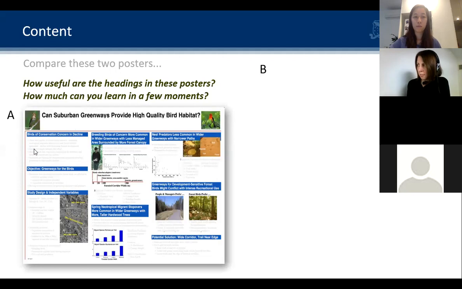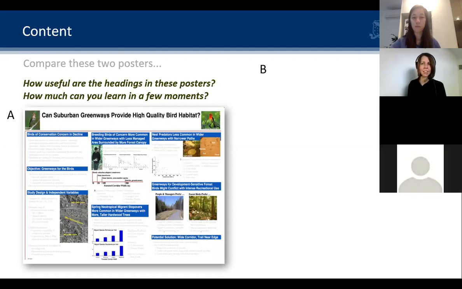So the headings are things like birds of conservation concern in decline, objective greenways for the birds, study design and independent variables, breeding birds of concern more common in wider greenways with less managed area surrounded by more forest canopy. Spring neotropical migrant stopovers more common in wider greenways with more taller hardwood trees, that kind of thing.